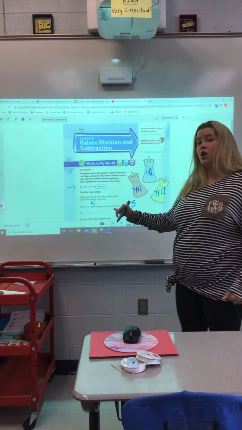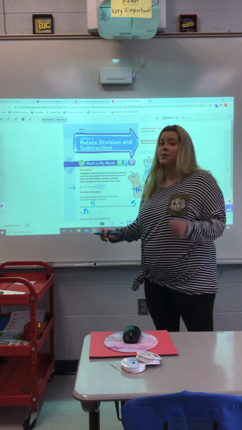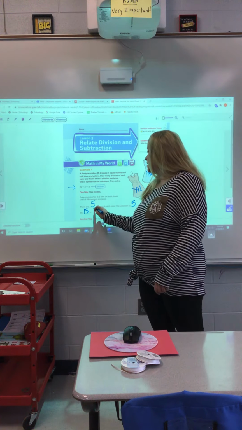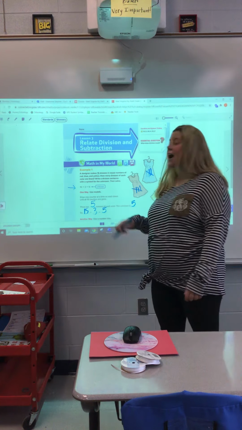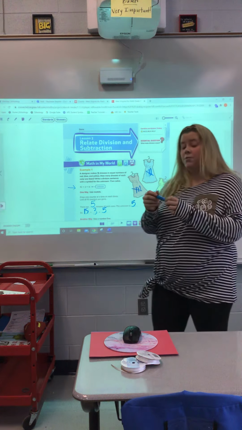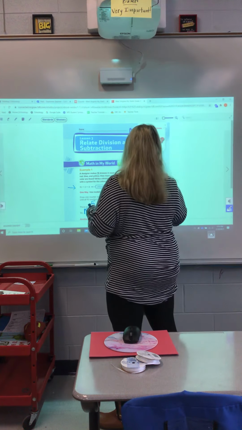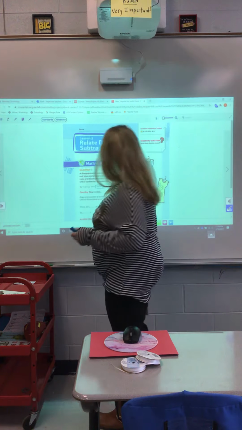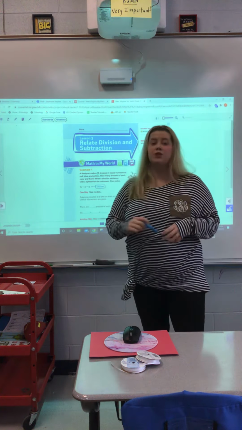Okay, and then if we write the whole division sentence, it would say 15 dresses divided by 3 colors equals 5 dresses of each color. So that's how we've been working on it so far, okay? But today, we're going to start talking about division and subtraction.